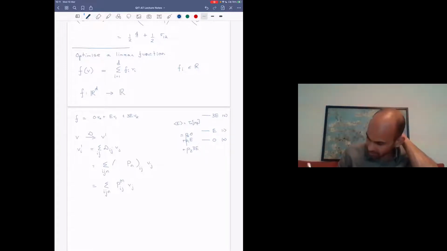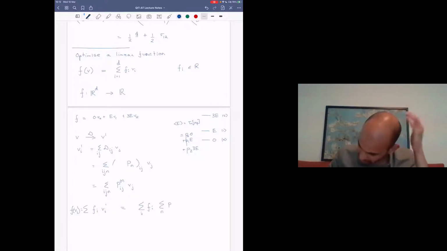So if I have a linear function, the sum over i of fi vi prime, so this is the function on the final vector, this can be written as the sum over n of qn times P_n of v.